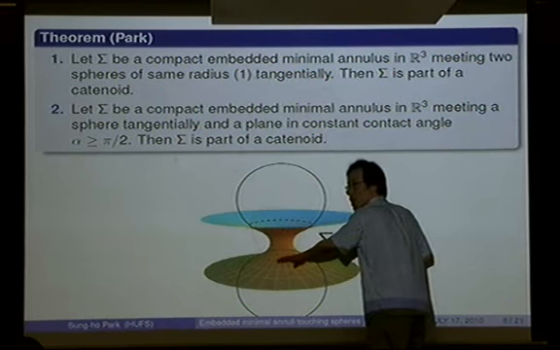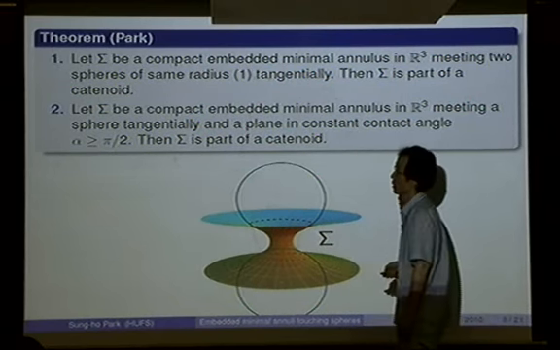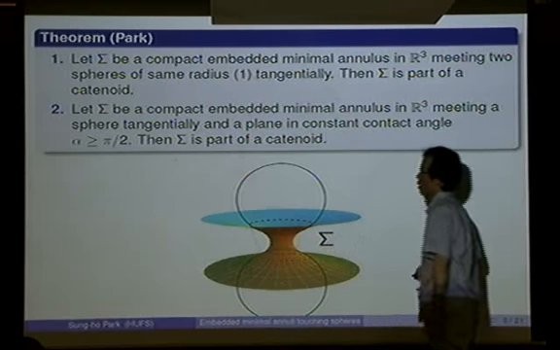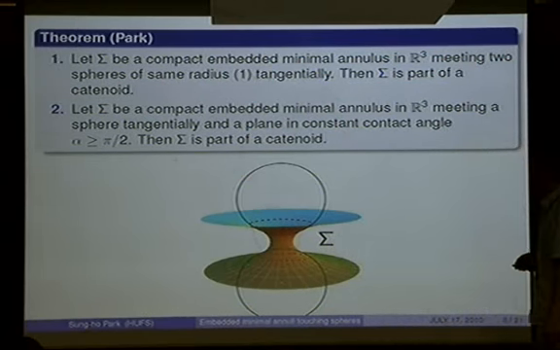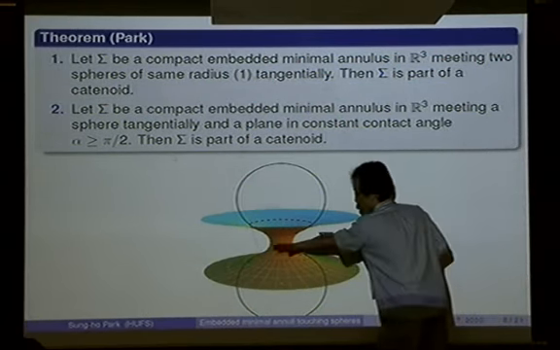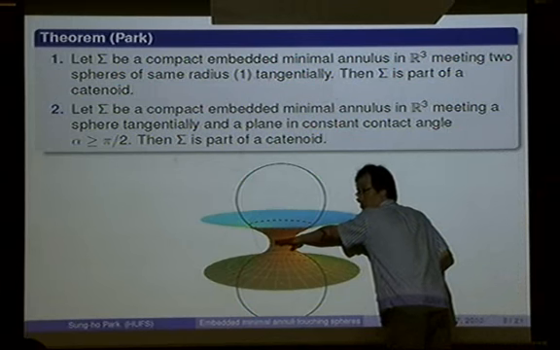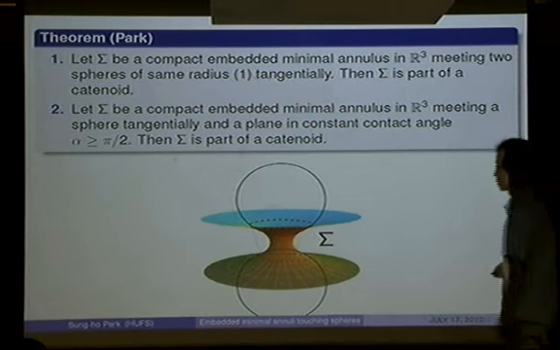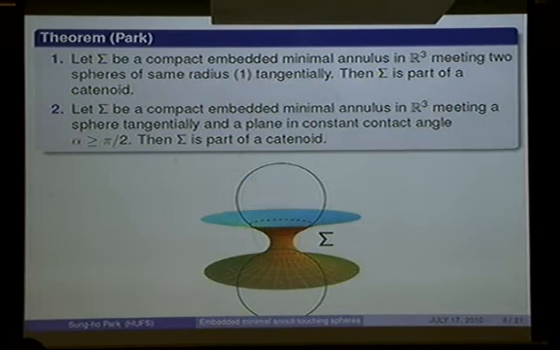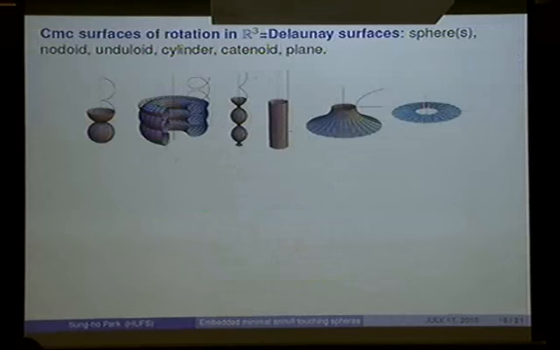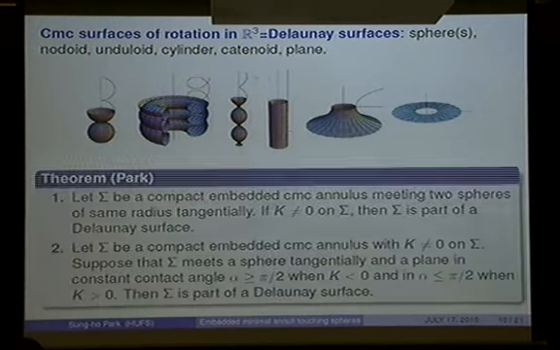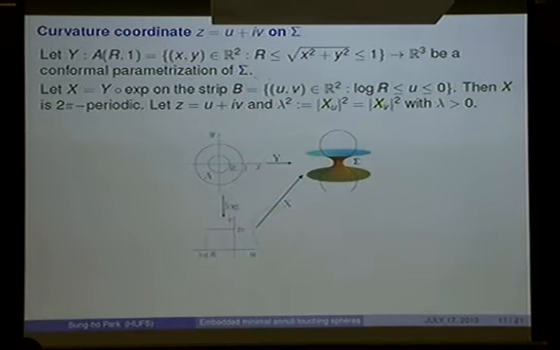If I go down, then the contact angle is less than pi over 2. So I'm considering only the cases of planes above the neck. I'm going to prove the result, but I hope it is not boring.